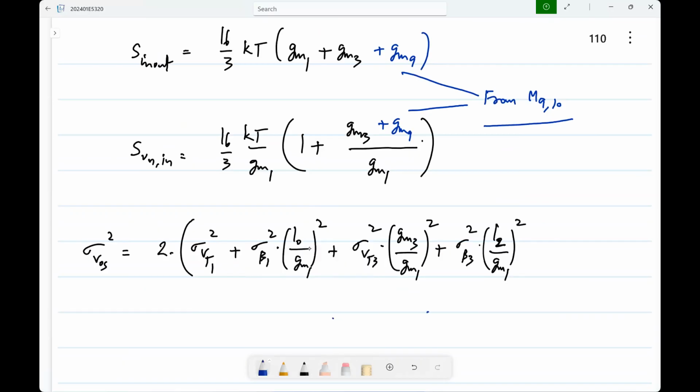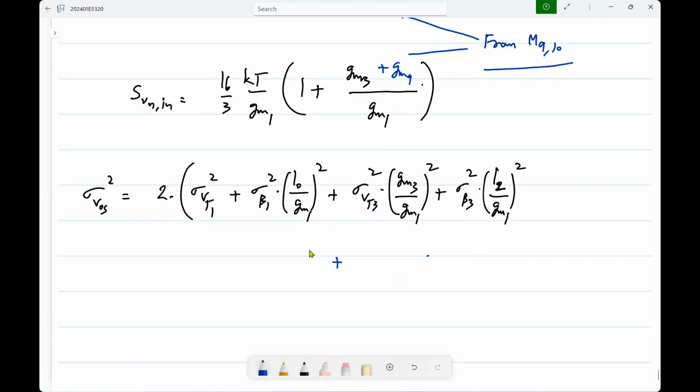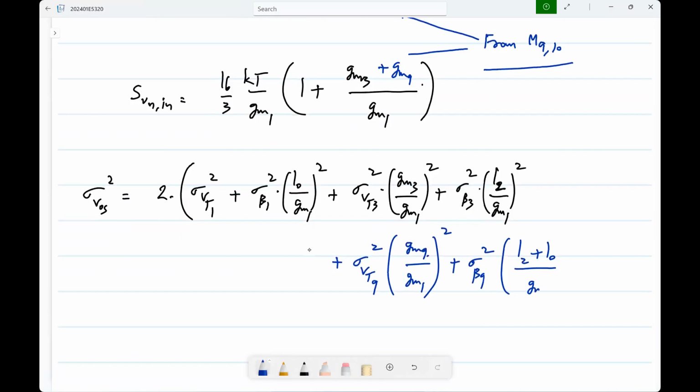Plus you have the contributions from the additional biasing devices. What will that be? It will be sigma VT9 square times GM9 by GM1 square, plus sigma beta 9 square times I2 plus I naught by GM1 square.